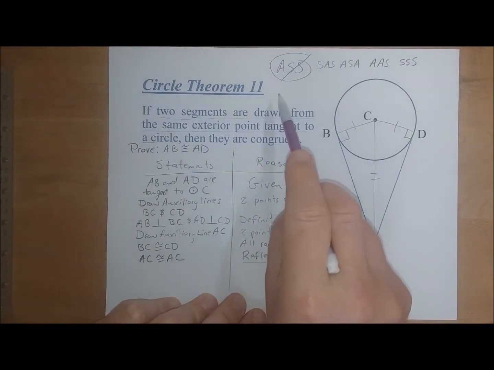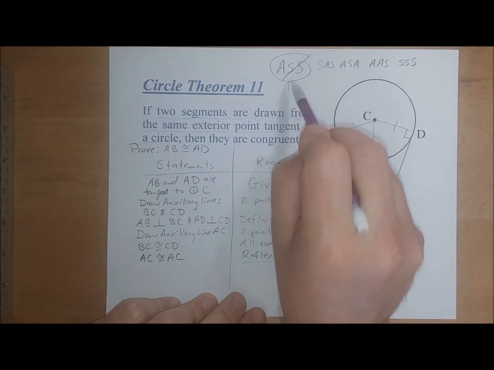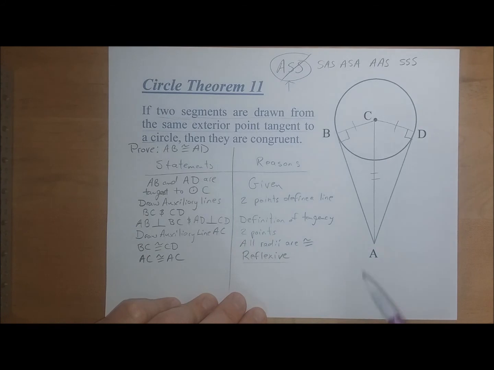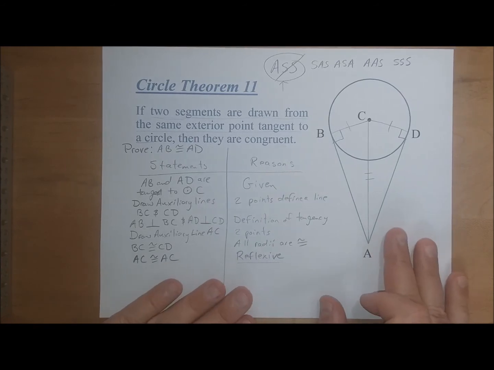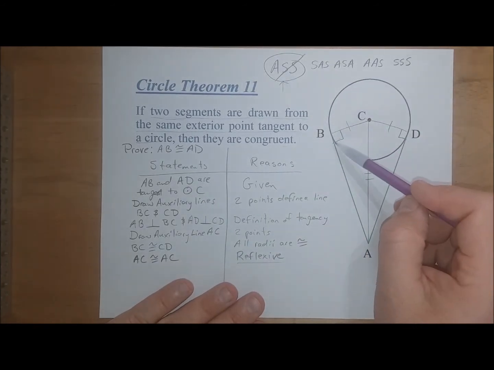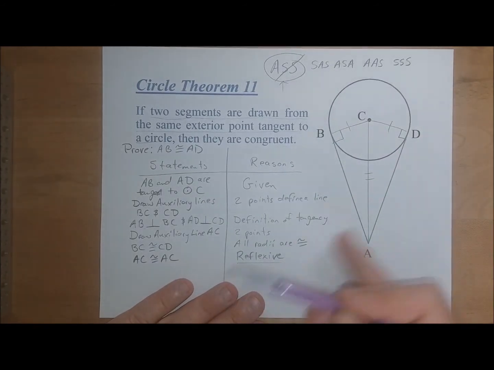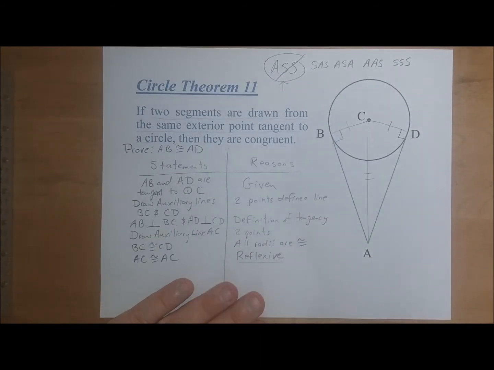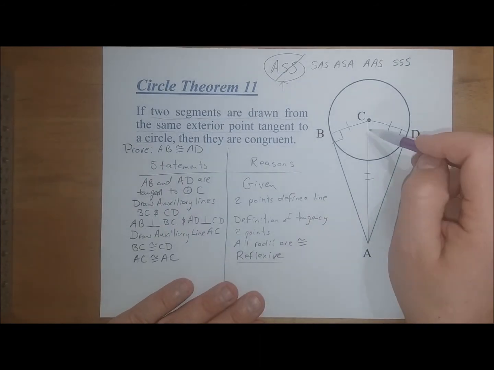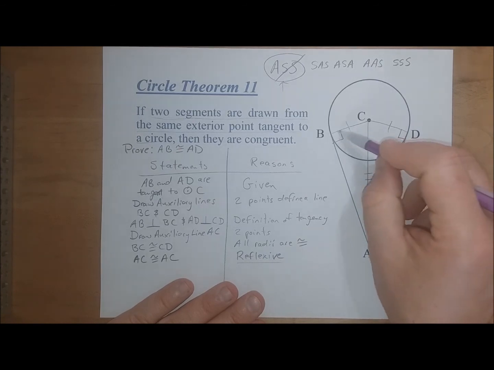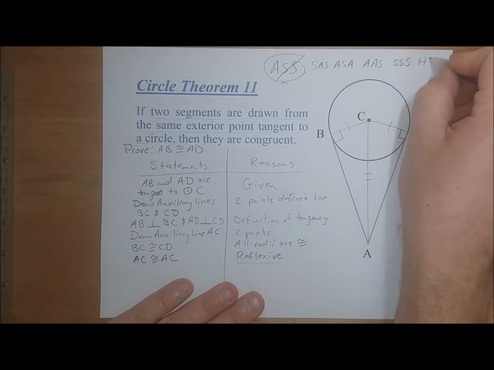But there's actually one very specific case of this that you can use if and only if you've got a right triangle. Hopefully you remember this one. It's a little more obscure, but it's the one case where if you have a 90-degree angle, it eliminates the ambiguous case, so you know you have congruent triangles. It's called hypotenuse leg, HL.